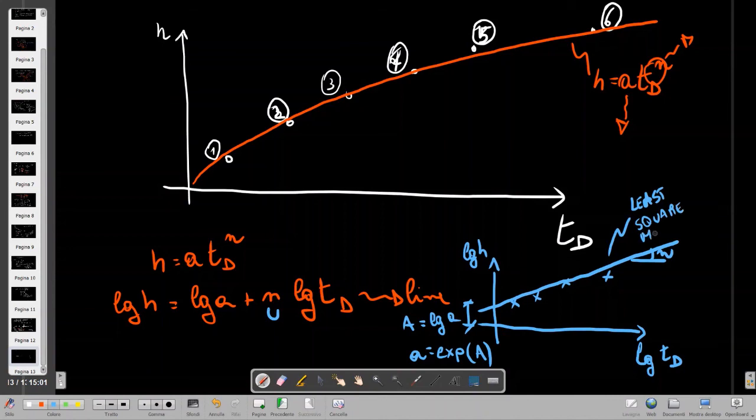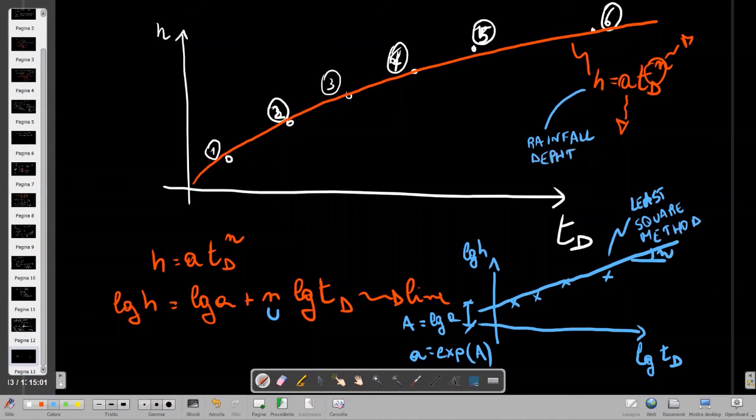So we have seen that in general the observations can be used to estimate the parameters of the rainfall depth relationship.